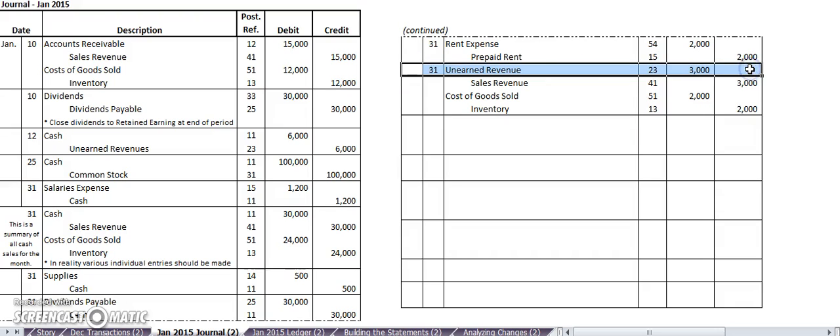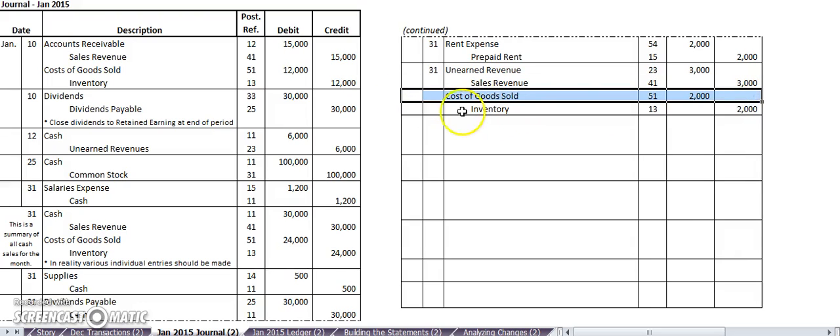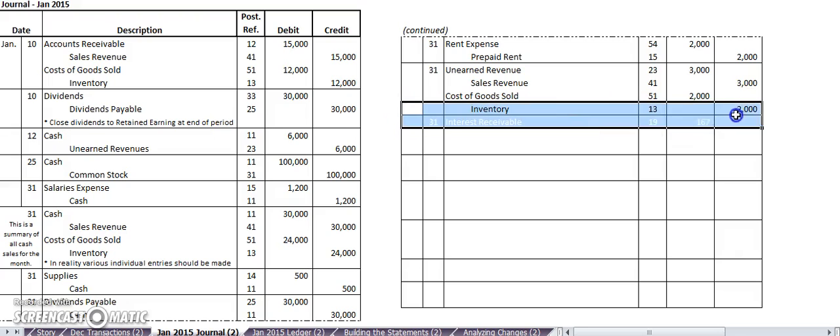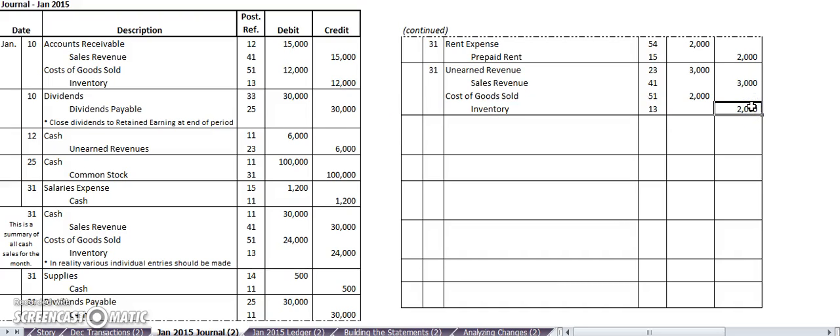That will be done with a debit to the unearned revenue account. You are going to recognize sales revenues of $3,000 in the month of January. And as the transaction says, there was a cost of goods sold of $2,000. So you're finally going to recognize the expense, and the inventory actually went out. So $2,000 of inventory went out. And so this is the full transaction.